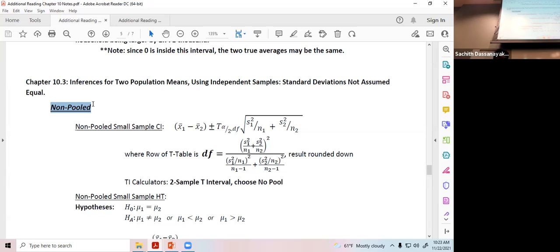Sometimes they haven't mentioned anything about whether the standard deviations are equal or not, so these keywords should be there. If you see them, try to differentiate your question based on 10.2 or 10.3. Pooled or non-pooled. Clear?